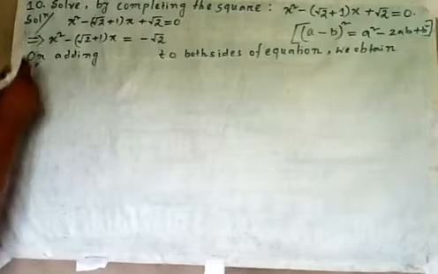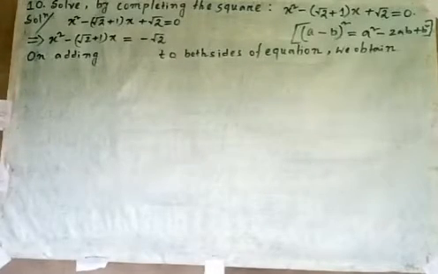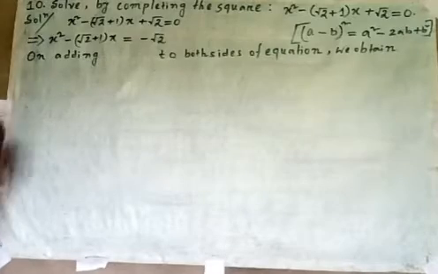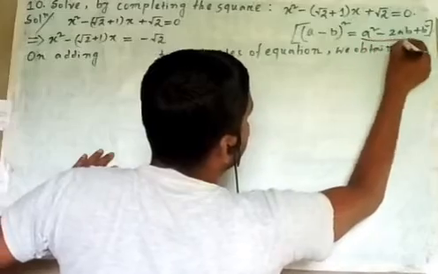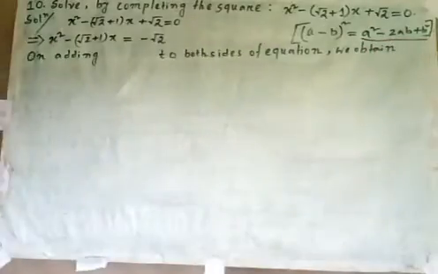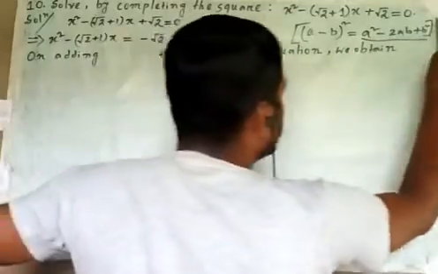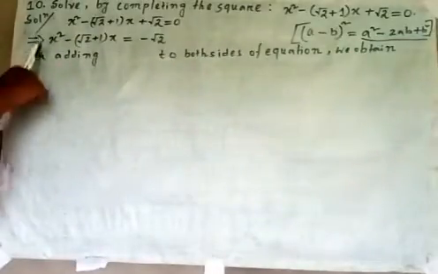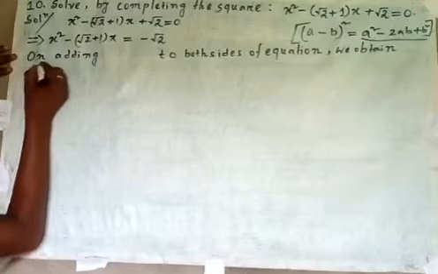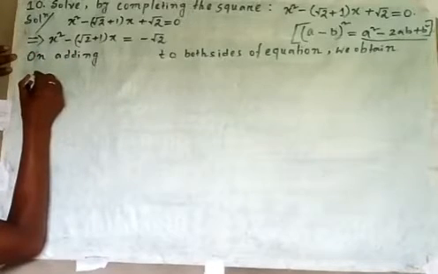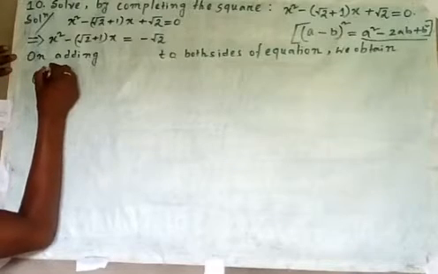So x square is x square, but we will think about the formula a square minus 2ab plus b square. So x we can write like that, x whole square.